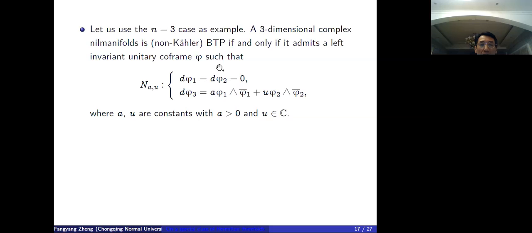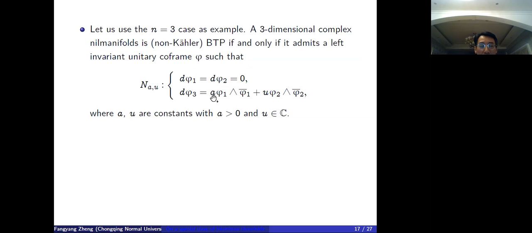To be specific, let's just look at the three-dimensional case. In the three-dimensional case, let's exclude the Kähler one, the trivial one, the abelian one, right? So for the Nilmanifolds, if it admits a BTP metric, then r is necessarily 2. So the structure equation looks like this.